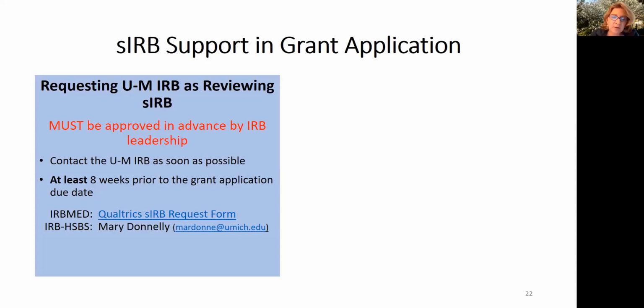That may also turn up additional questions, and we may need to reach out to other offices in the university as well. The way to get that started is IRB Med has a Qualtrics single IRB request form on its website. We have a little single IRB space there, so go there, click on that box, and then you'll find the request form.